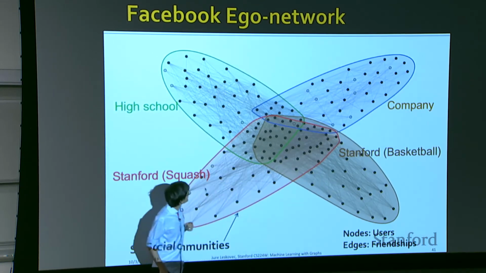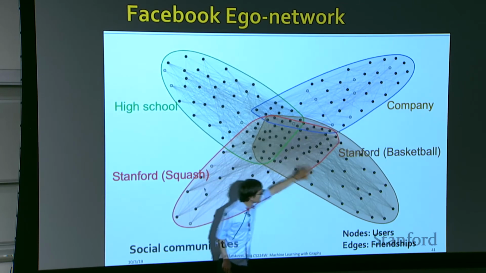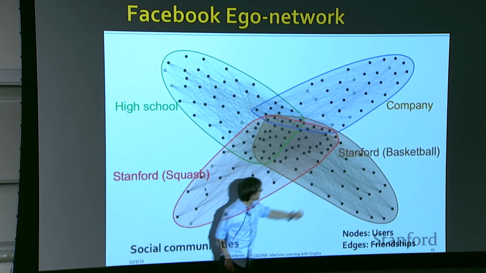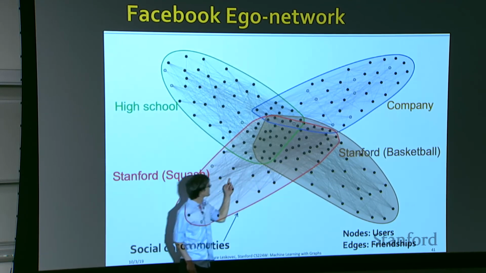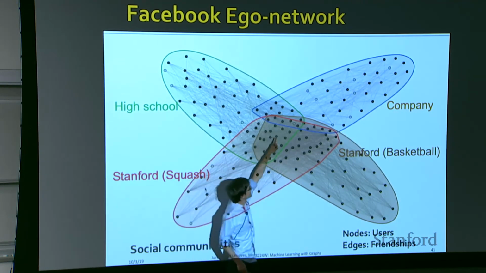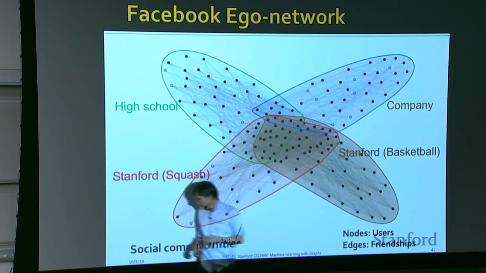What is interesting is, for example, that some of his high school friends are also at Stanford and he plays basketball with them. And then another subset of Stanford friends he plays squash with. And some subset were actually doing internships together at the same company.